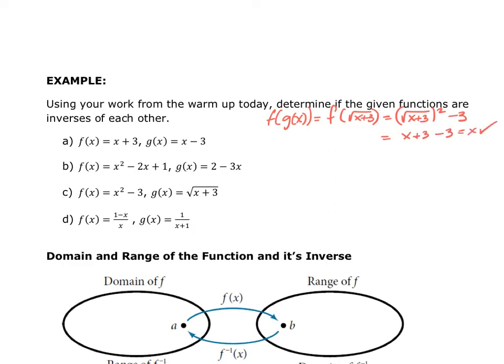So that checks out. And then g of f of x is equal to g of x squared minus 3, which is equal to the square root of x squared minus 3 plus 3, which is equal to the square root of x squared, which is equal to x, and that checks out.